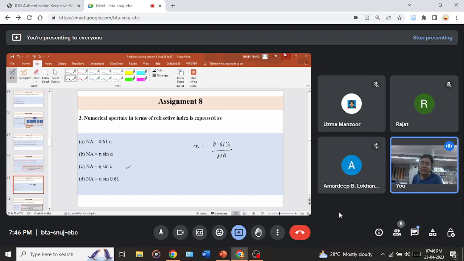So yes, you have to give numerical aperture in terms of refractive index. So which among these following expressions give the refractive index? Refractive index is basically expressed in terms of this eta here. Okay.